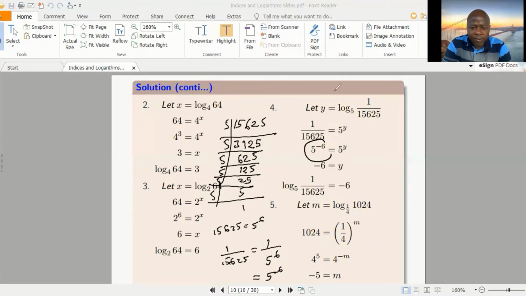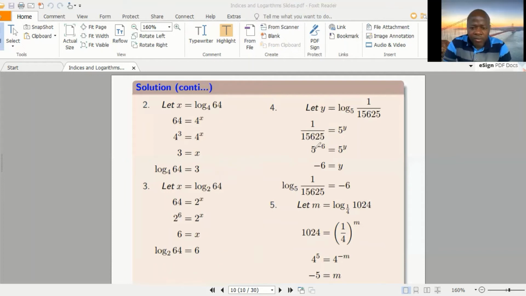So 5 raised to negative 6 is the same as 5 raised to y. The bases are the same, meaning that we then equate the powers. So y is negative 6. So the log of 1 out of 15,625 to base 5 is negative 6.